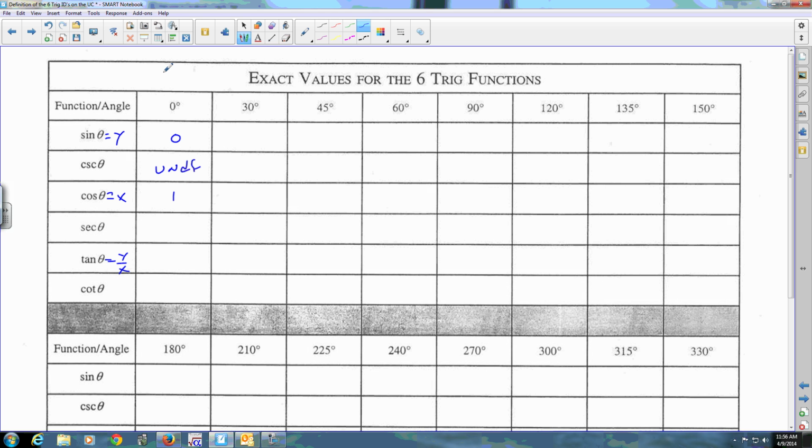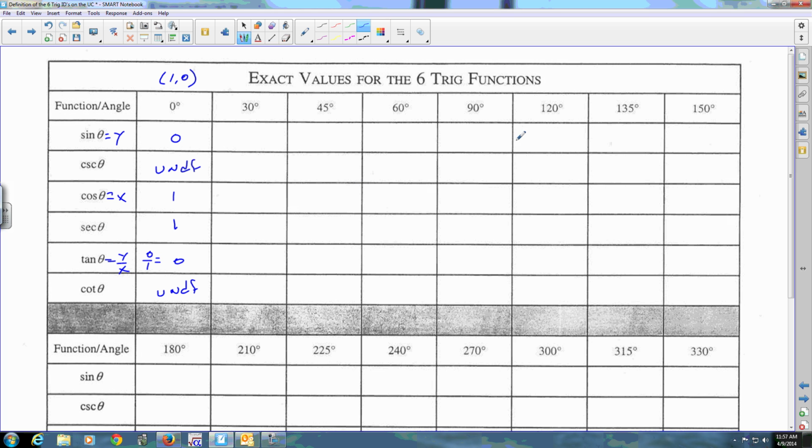It's 1, because the coordinate here, maybe if I did that, I wrote the coordinate up there. Secant, there's the reciprocal of cosine. What's the reciprocal of 1? 1. What's your y value over your x value? 0 over 1, which is worth 0. Cotangent's the reciprocal of that, so it's undefined.